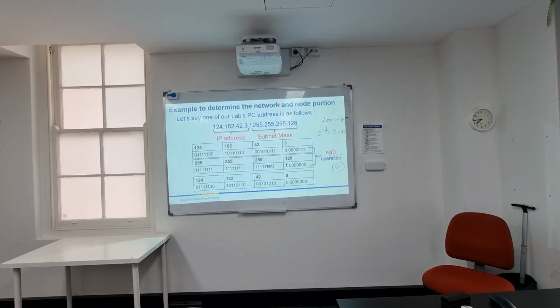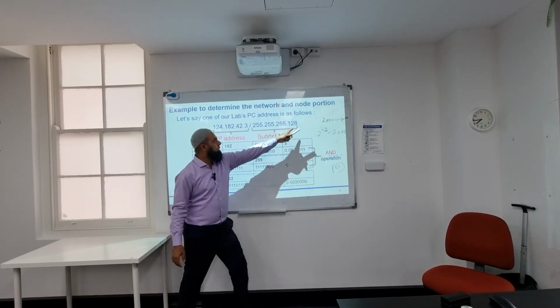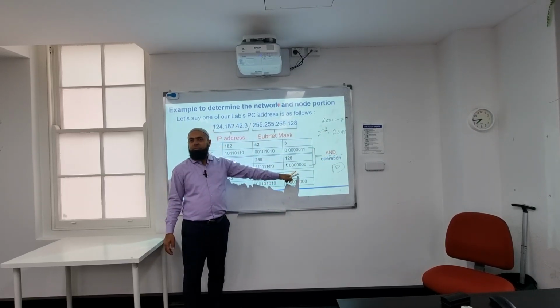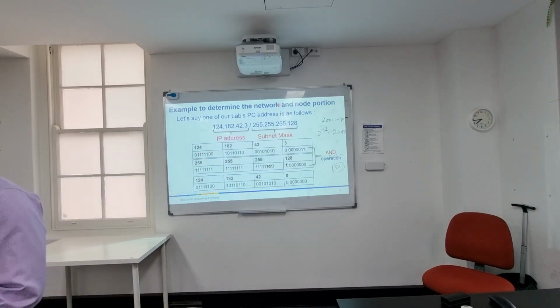Make sense? So now by making it these 11 zeros, I'm able to make how many IP addresses? 2048 computers. Make sense?